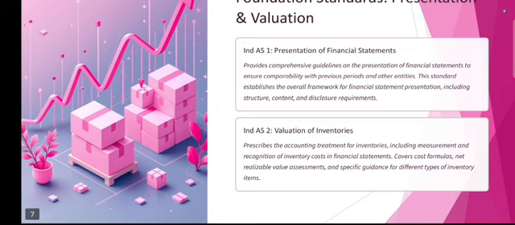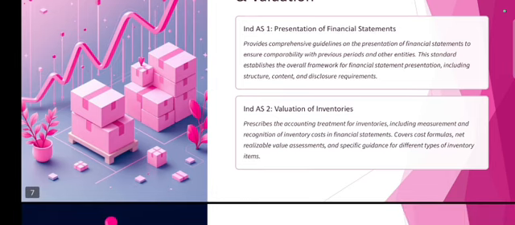The second point is Ind AS 2, valuation of inventories. This prescribes the accounting treatment for inventories, including measurement and recognition of inventory cost in financial statements, which covers the cost formulas, net realizable value assessments, and specific guidance for different types of inventory items.